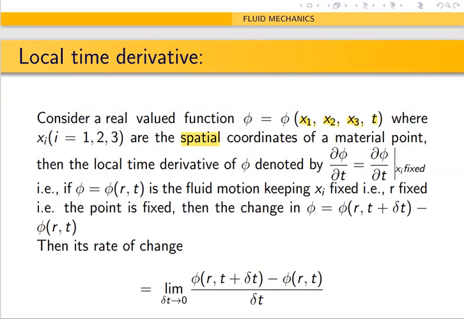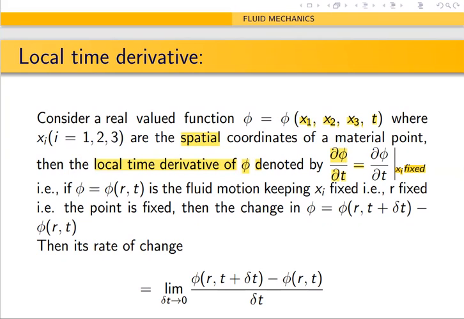Then the local time derivative of φ is denoted by ∂φ/∂t. What is fixed is very, very important: the x's are fixed. Then that is the local time derivative. So the local time derivative is the rate of change of that function with respect to time when the x's are fixed.